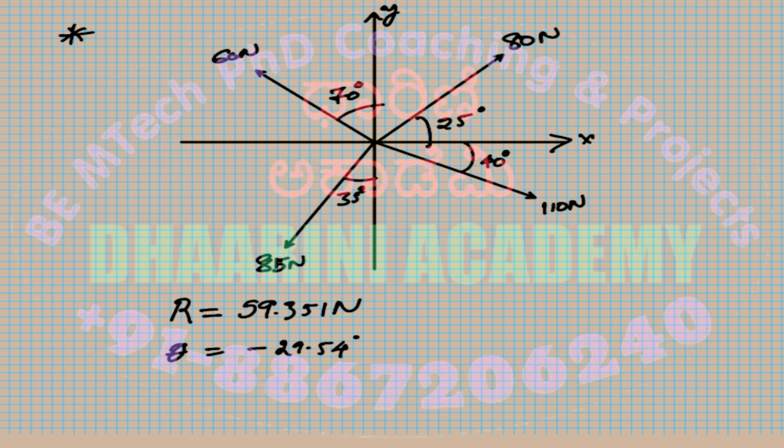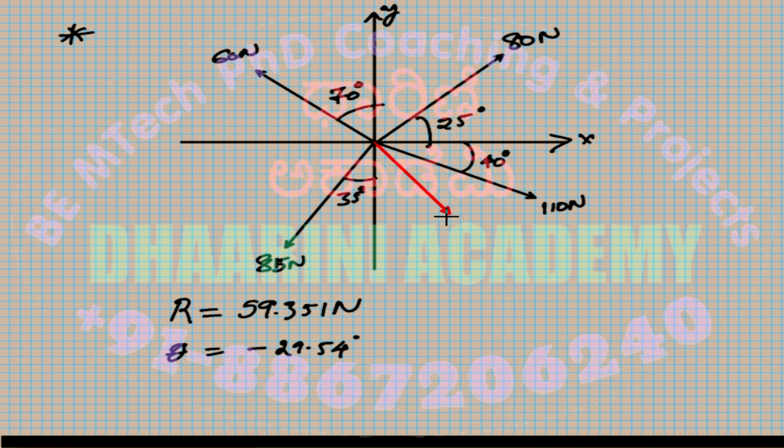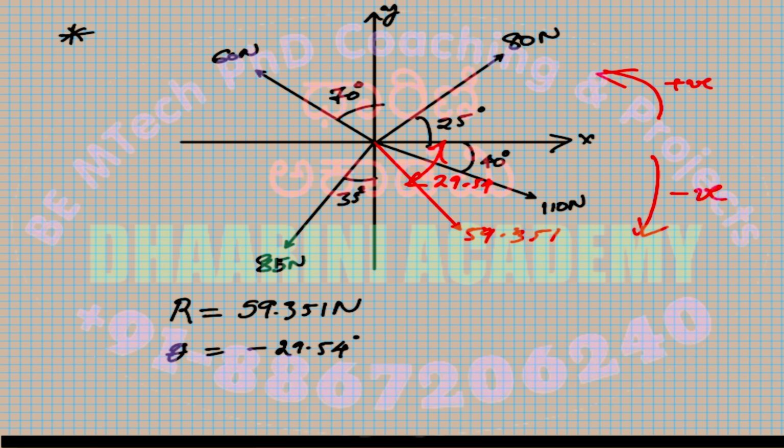So minus means this is over here. So this angle is considered negative. All right, so the magnitude is 59.351 and this angle is 29.54. If you measure an angle downwards, that is negative. If you measure an angle in this way, that is positive. So this is the answer for the question.